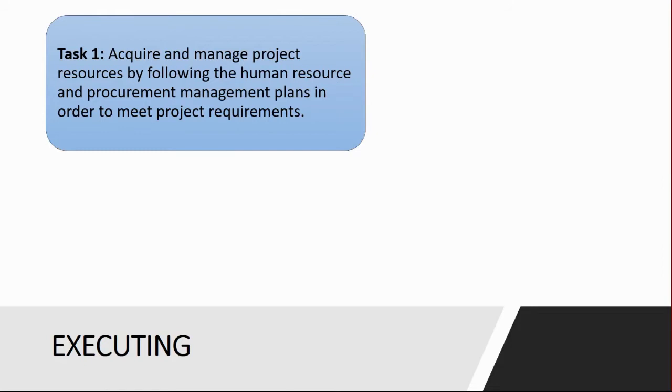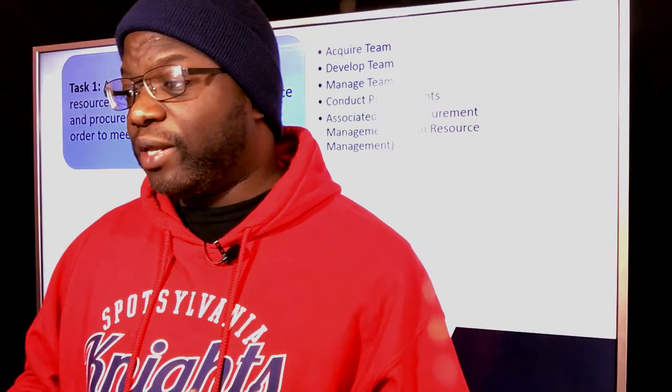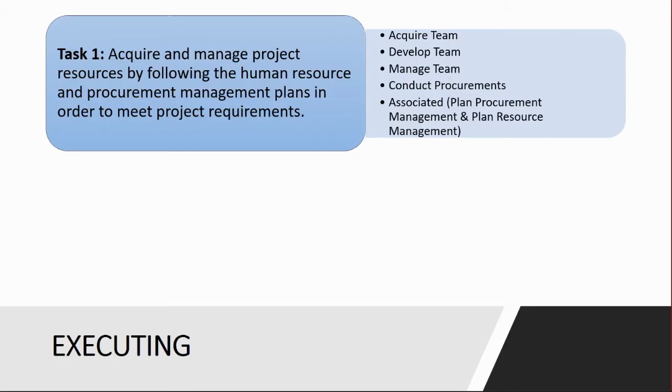Now, to look specifically into those processes where this maps to, we have acquire team, we have develop team, we have manage team. And these are all interwoven. It's all about the people doing the work, the team members. Also here we have conduct procurements, because if you read towards the end, it says, by following the human resource and procurement management plans.